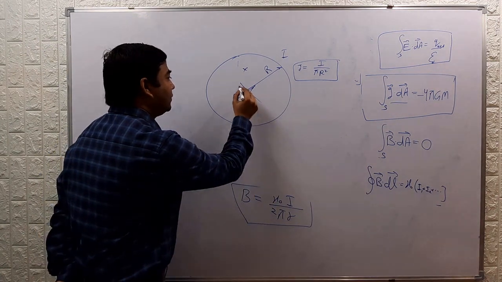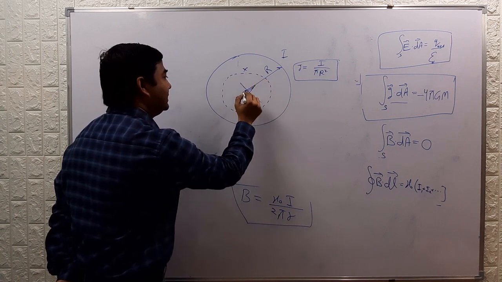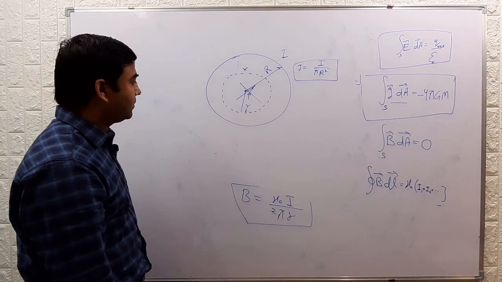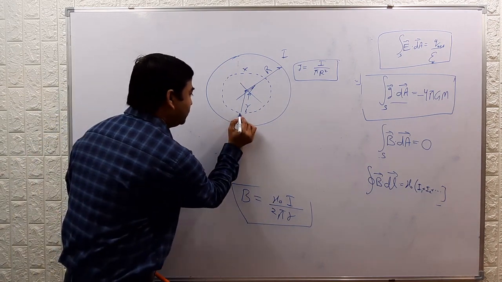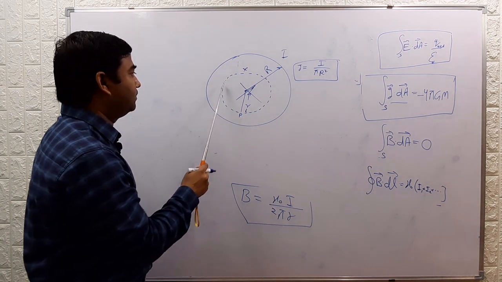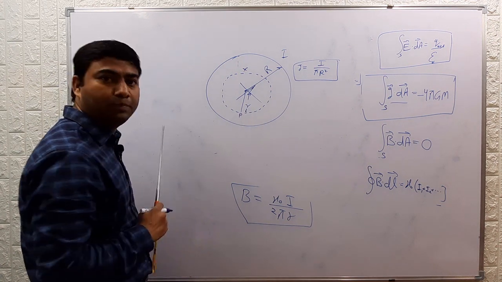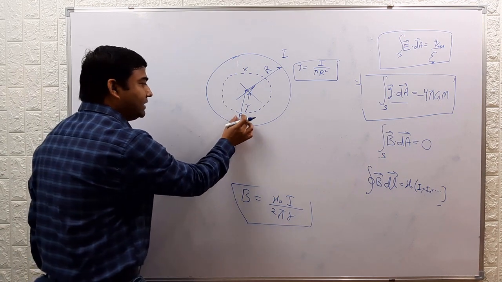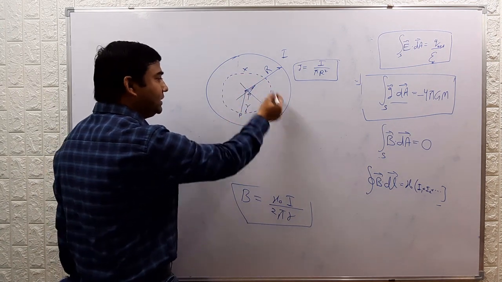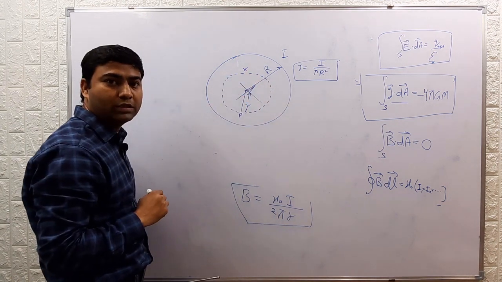Now it is asked to find the magnetic field inside the wire at a point P having distance small r from the center of the wire. To find the magnetic field we create an imaginary circular curve having a small radius r, and this curve will pass through point P. Let the magnetic field at point P be B. As this curve is circular and all points are symmetric, the magnitude of the magnetic field will be the same at all points.